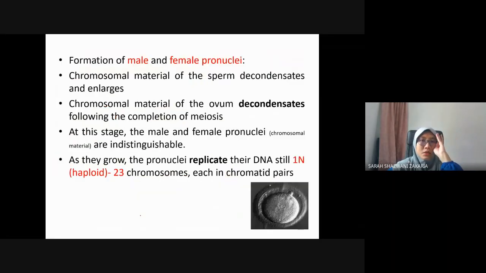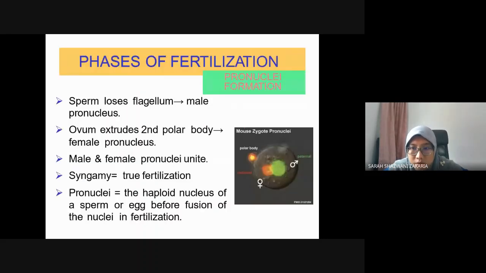I think you understand this. And then the formation of pronuclei. Please take note of this wording here, pronuclei. It is actually this one, the maternal and paternal pronuclei. So these pronuclei will fuse, syngamy, through fertilization, the union of these two pronuclei.